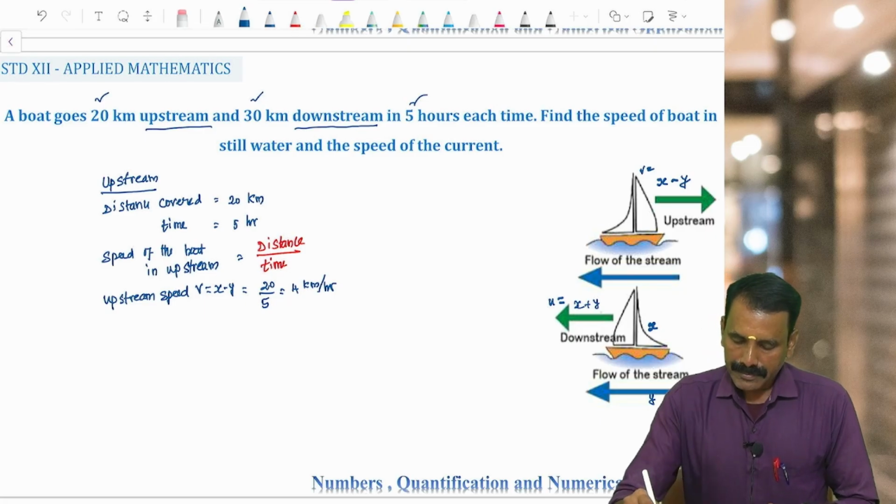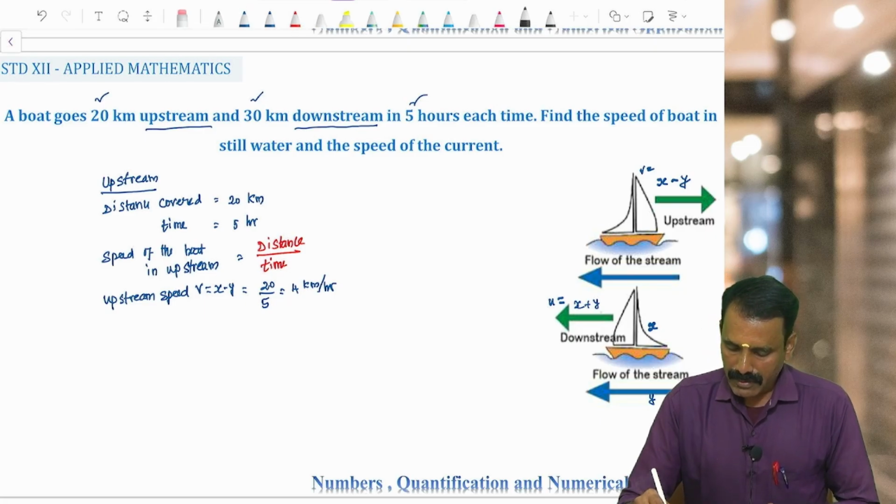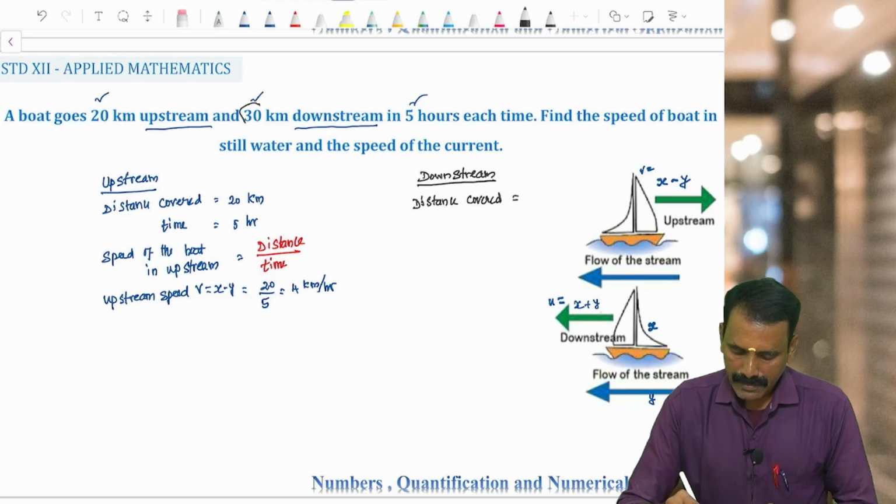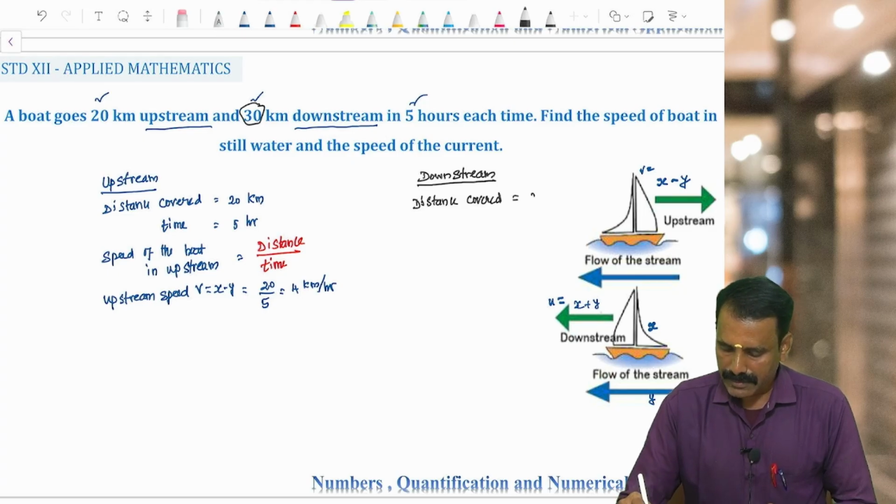For downstream, we calculate now. For downstream, distance covered is given to be 30 kilometer, and time taken is the same, 5 hour.